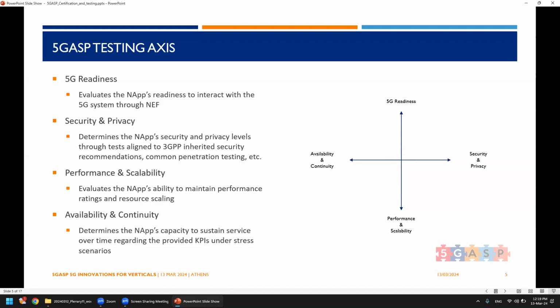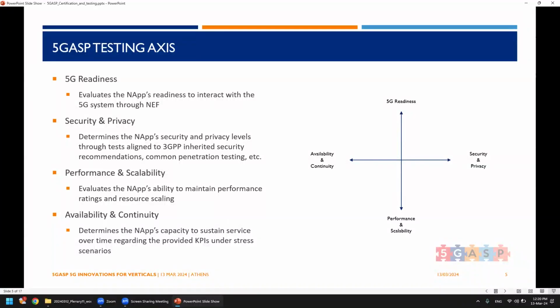There is another axis, which is performance scalability, and as the name suggests, it evaluates the ability of the network application to maintain specific performance characteristics in the form of KPIs, for example, specific latency, specific throughput, etc. And the last axis is availability and continuity, which determines the capability of the network application to sustain service over time when some extraordinary circumstances happen in the testbed or in the communication channel.